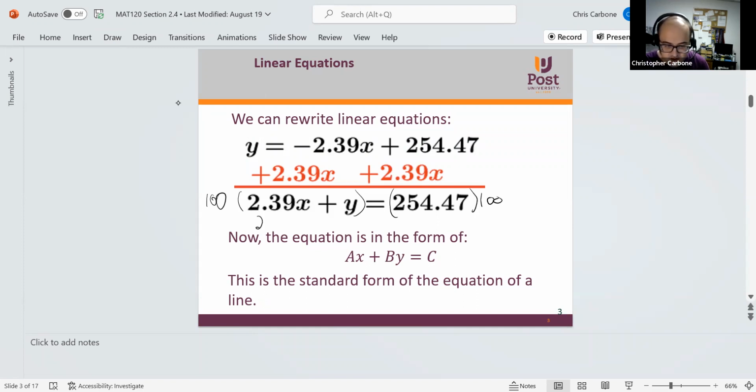So this would make 239 times x plus 100y is equal to 25,447. So this would be in the equation of the form ax plus by is equal to c, that standard form of the equation of a line.